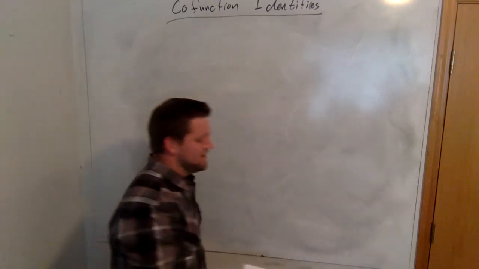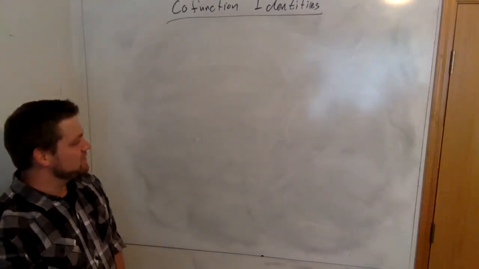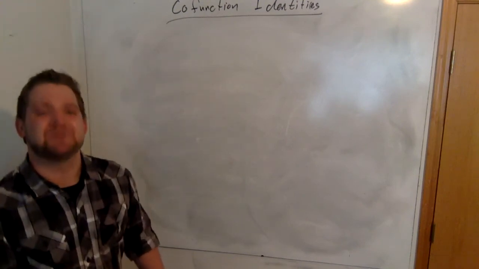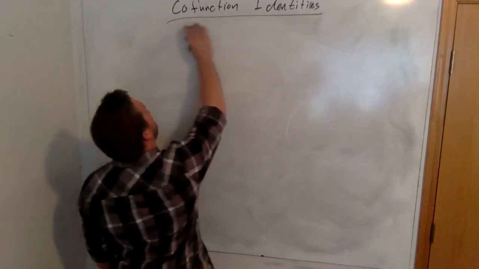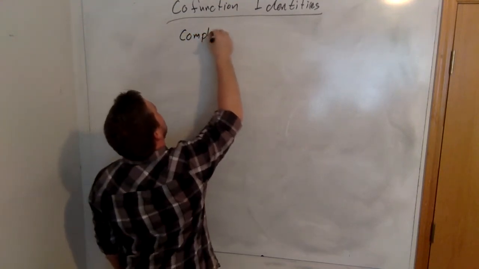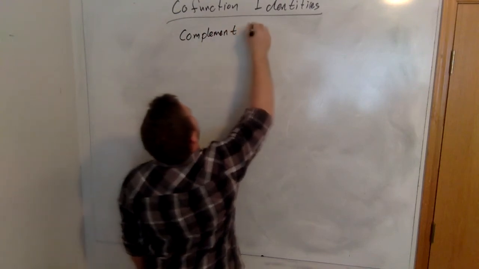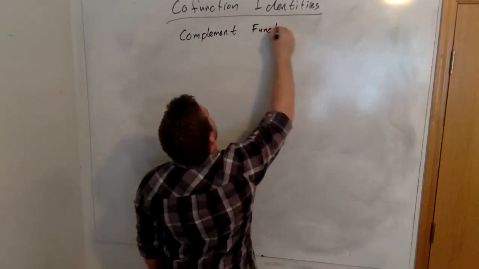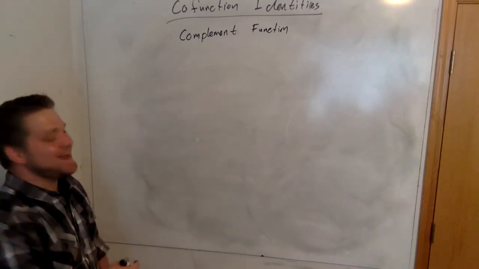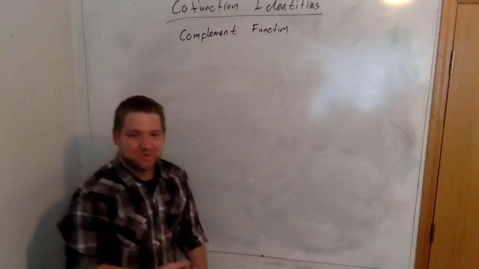Not coterminal, what is it? The complement angle. I apologize. Complement angle. That's where it comes from. When you see co-function, you should think complement, the complement function. And not complement as in, hey, nice hat. Complement in terms of angles.